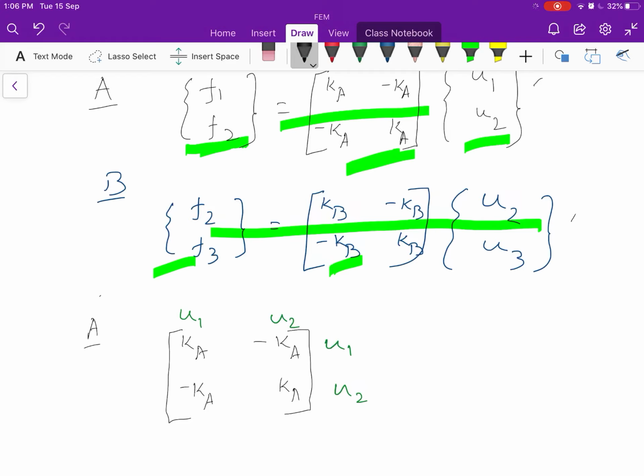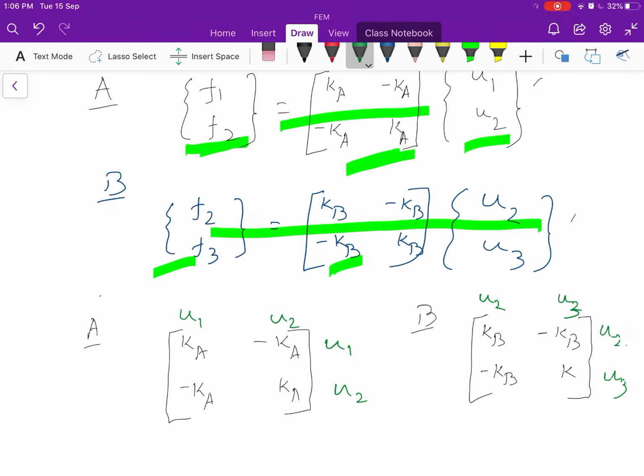Similarly, for element B, the stiffness matrix would be Kb, minus Kb, minus Kb, Kb, and it is associated with displacements at nodes 2 and 3. So it would be u2, u3, u2, u3.